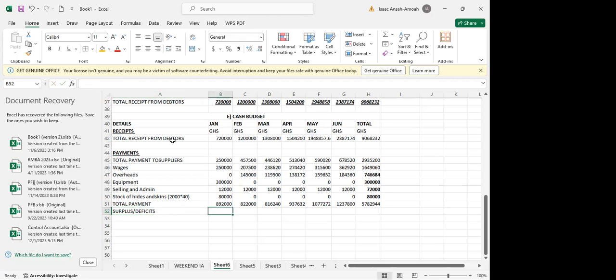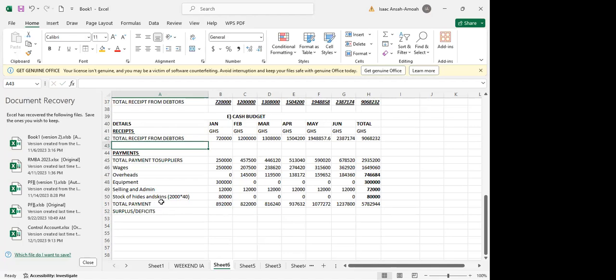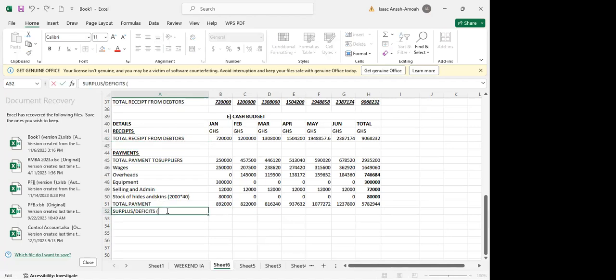Because this is all my receipts, I will regard that as total receipts, right? That's my total receipts. And then this is my total payment. So if you're talking about your surplus and deficit, you're looking at all your total receipts minus your total payment.